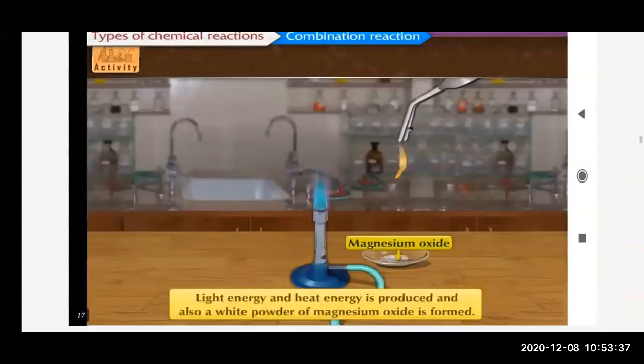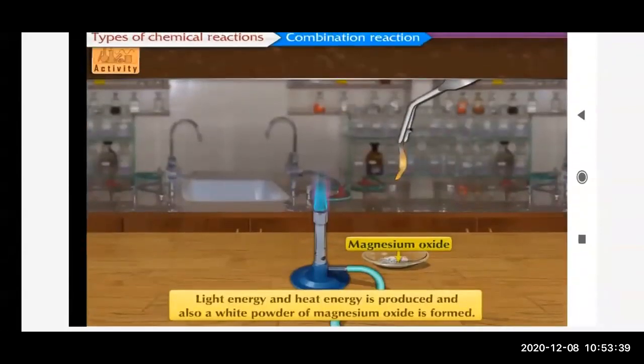That flame is of magnesium oxide. So the white powder we get is of magnesium oxide.